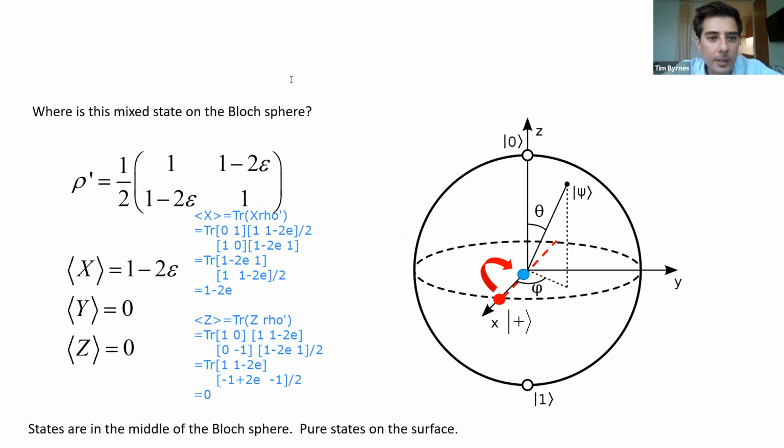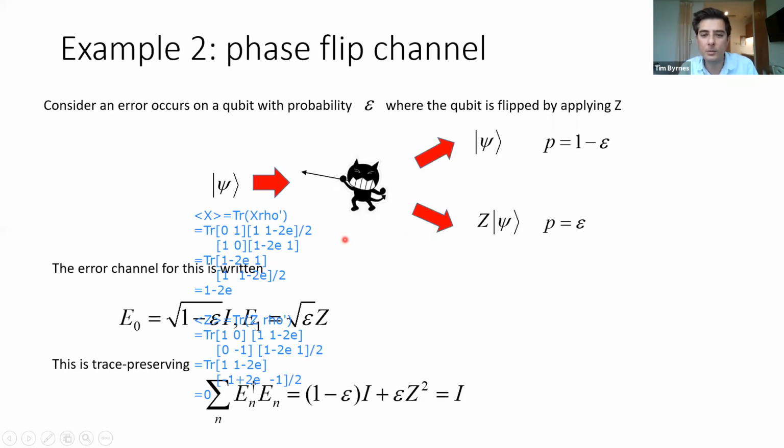And what you actually see here is that, well, it depends on this value epsilon, obviously, right? And remember, this epsilon was some kind of error probability, right? So this was the probability of this error guy making this phase flip, right?